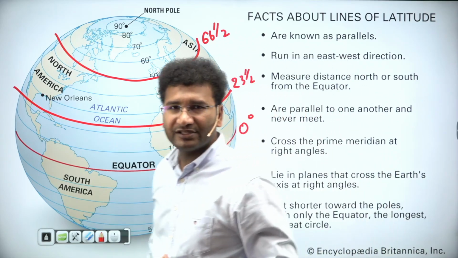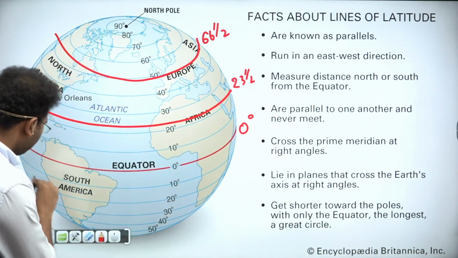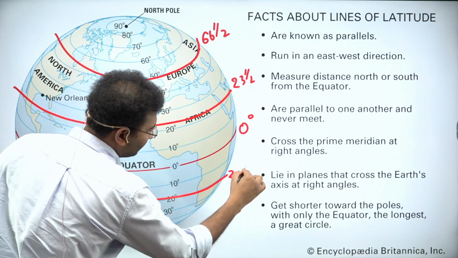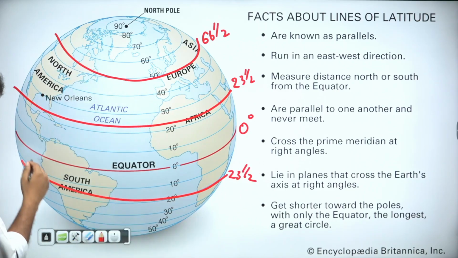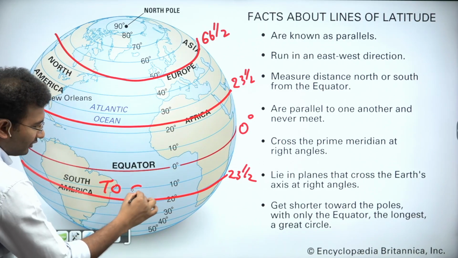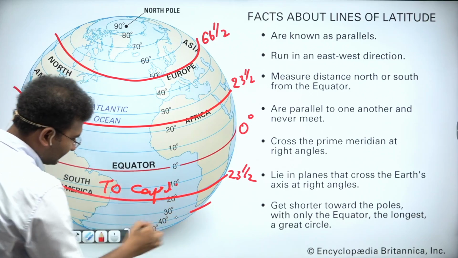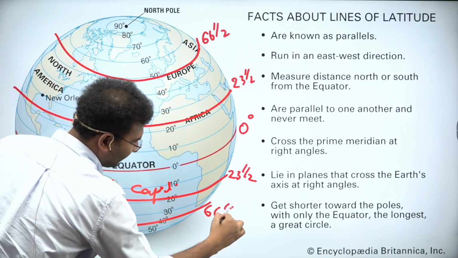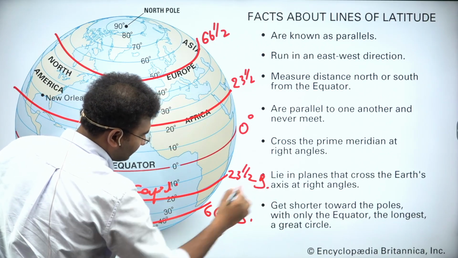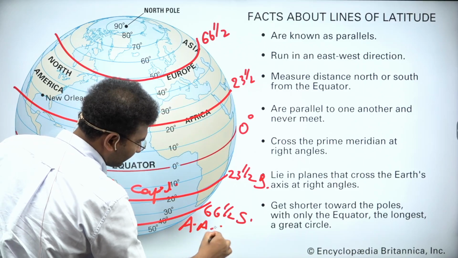Likewise, in the southern hemisphere also, you have different names. 23.5 degrees south latitude, you will call the Tropic of Capricorn. 66.5 degrees south latitude, you will call the Antarctic Circle.